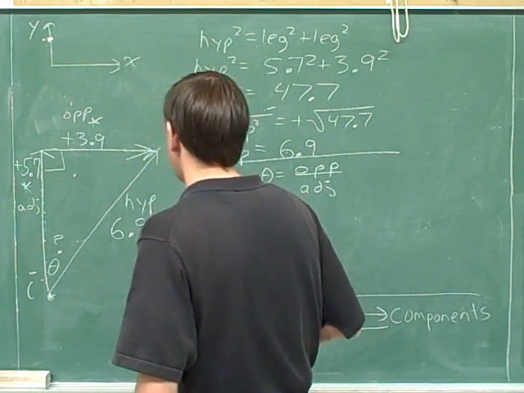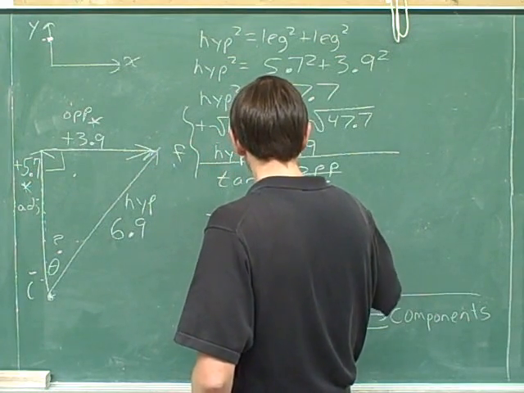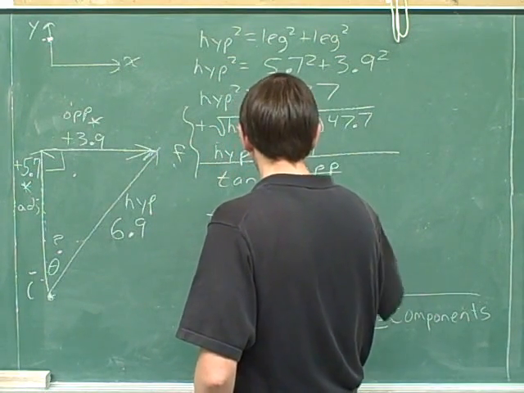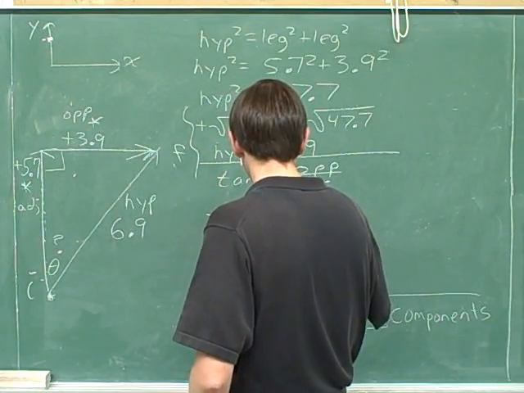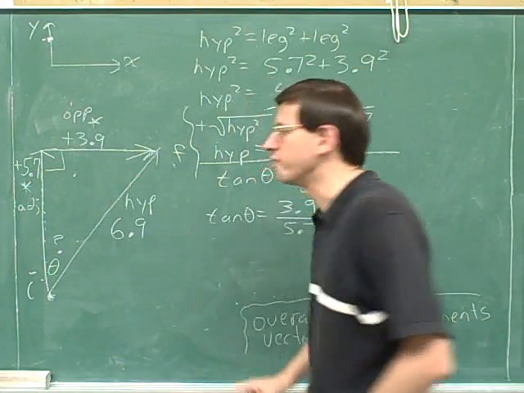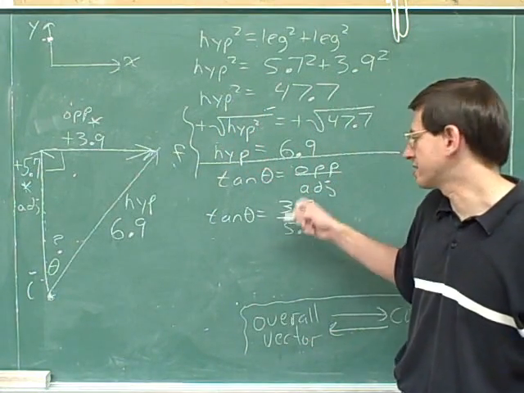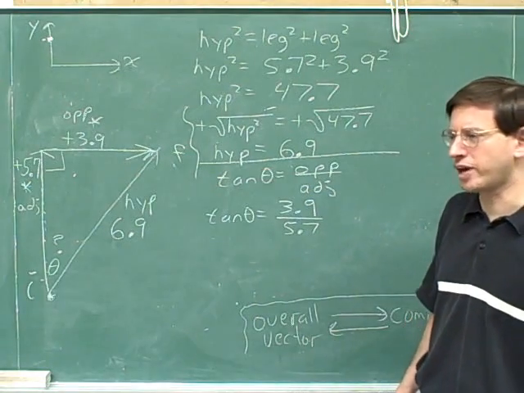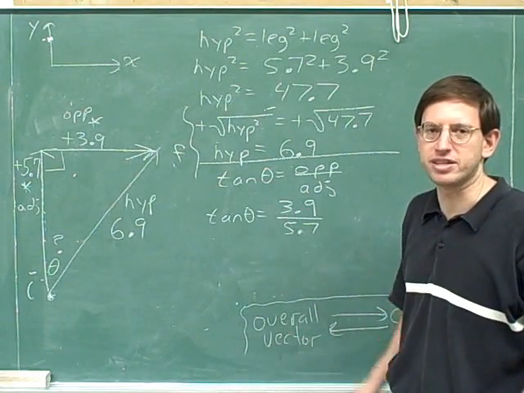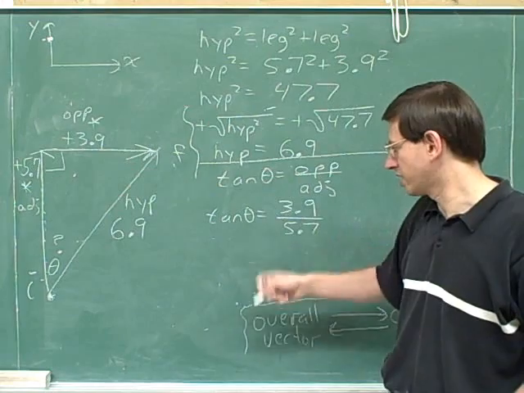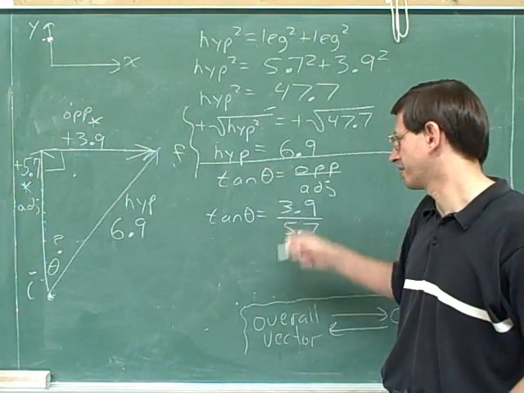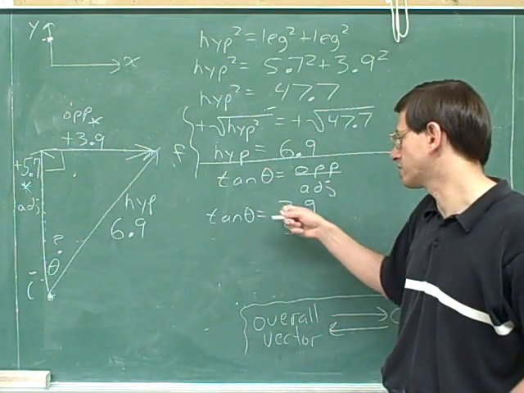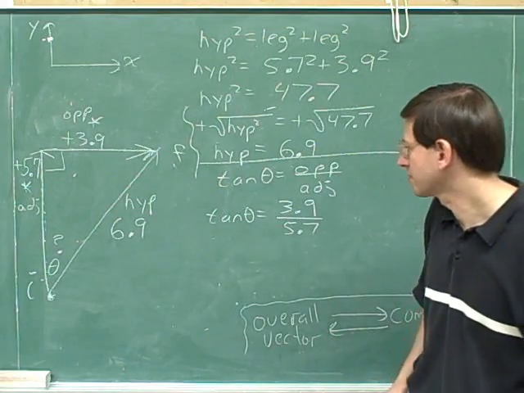The opposite side here had a length of 3.9, and the adjacent side had a length of 5.7. Remember that we don't plug in signs here because these are lengths. You can actually get quite messed up at this point if you try to plug in signs. This tangent approach can give you misleading answers if you try to plug in signs. Since we're working with trig functions, we should just be plugging in magnitudes.